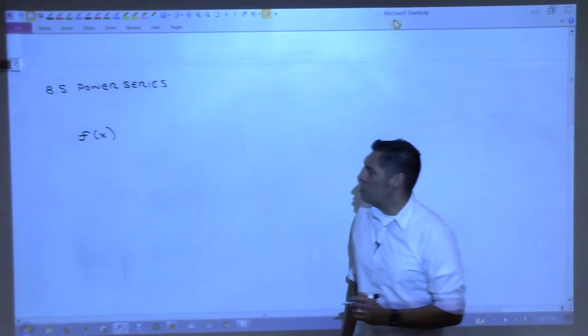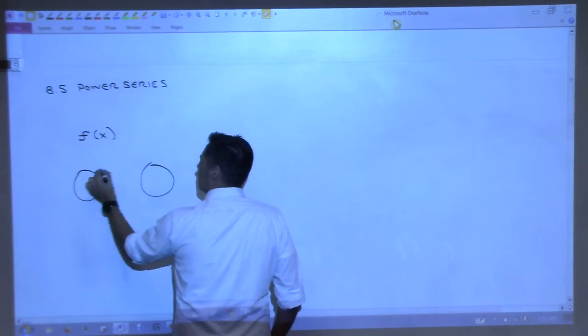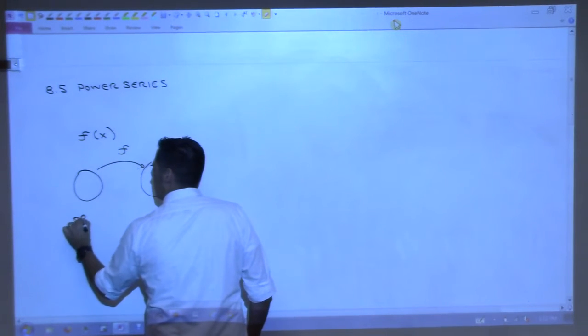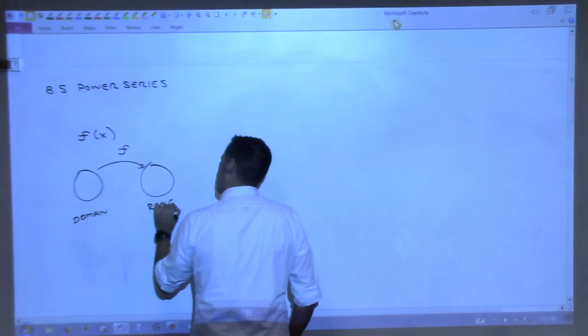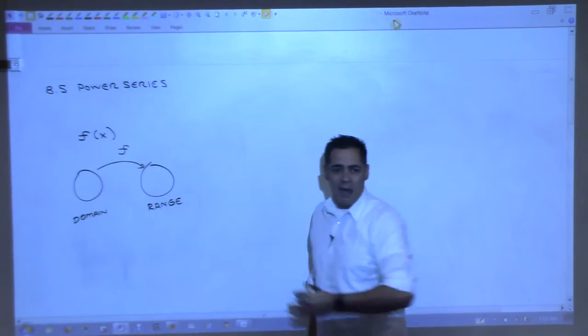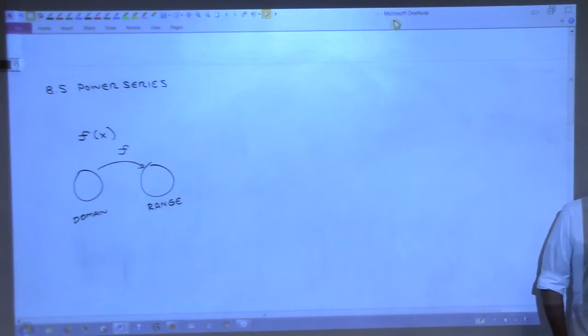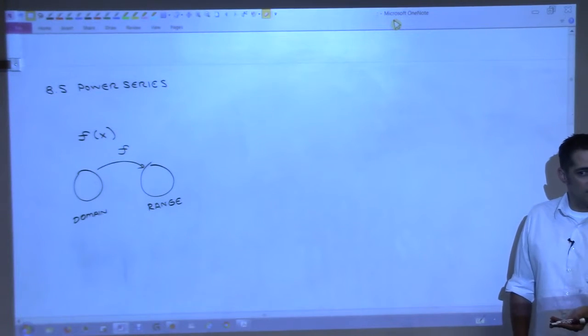When we have a function, the picture that we've liked to draw in the past has been something like this, where you have your domain here, and then over here you have your range. Basically inputs and outputs. And we say that the domain of a function are all the values that you can plug into the function that make sense.